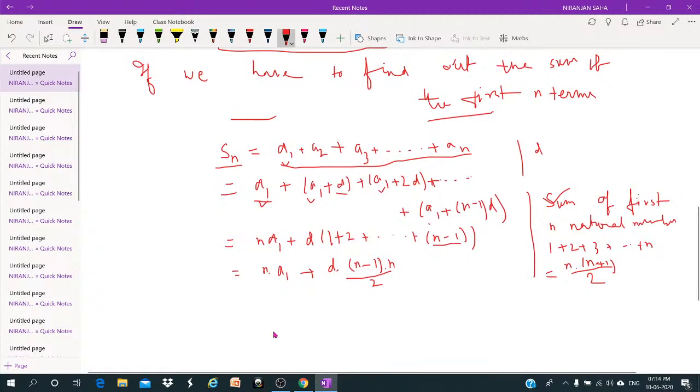Now you can take n by 2 common, and it will be 2a1 plus n minus 1 d. In this way, we can very easily formulate the sum of the first n terms of any progression. So we have to know the number of terms, the first term, and the common difference.